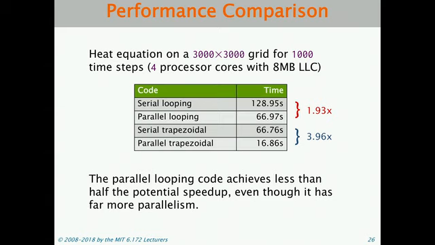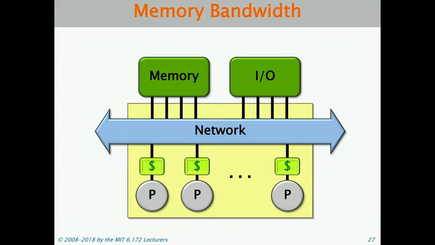And the reason here is that the hardware prefetching can't help the parallel looping code that much, because when you're running in parallel, all of the cores are using memory, and there's a memory bandwidth bottleneck here. And prefetching actually needs to use memory bandwidth. So in the serial case, we had plenty of memory bandwidth we could use for prefetching. But in the parallel case, we don't actually have much memory bandwidth we can use here.